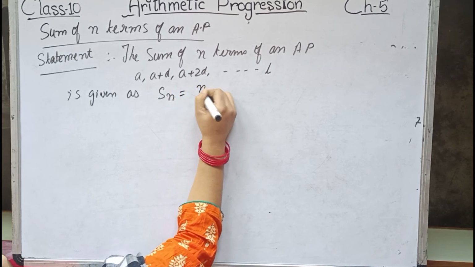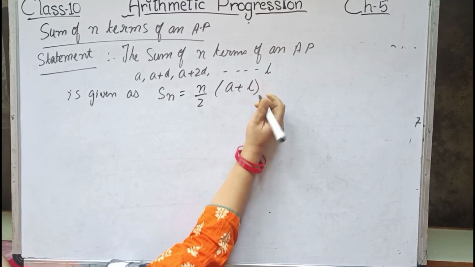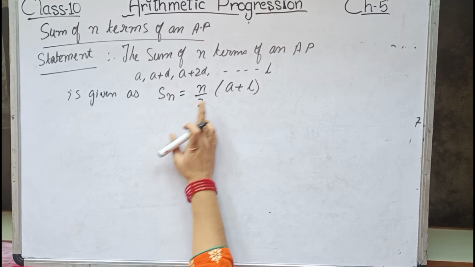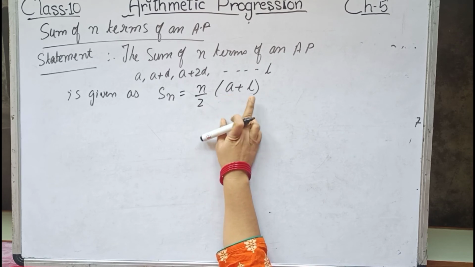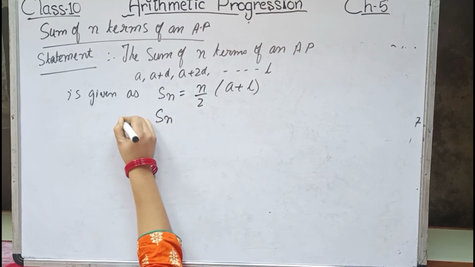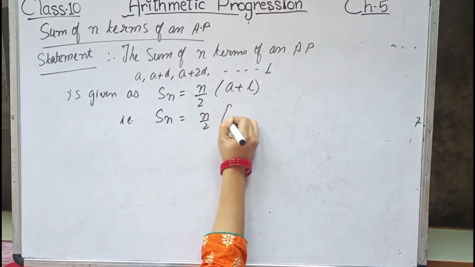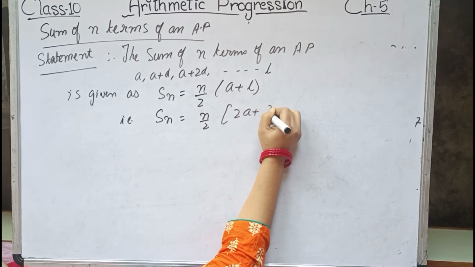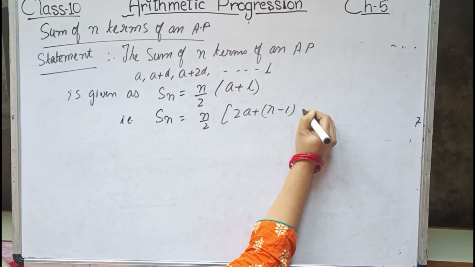Sn equals n by 2 (first term plus last term). Remember, Sn equals n by 2, number of terms divided by 2, in bracket first term plus the last term, that is, Sn equals n by 2 (2a plus (n minus 1) into d).